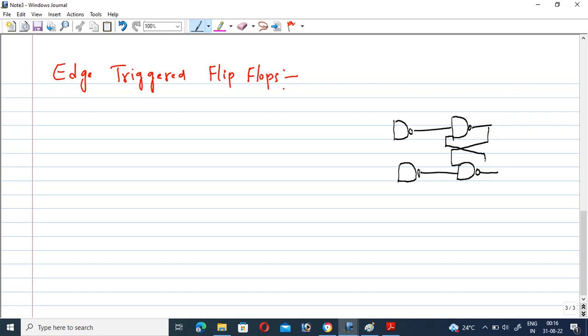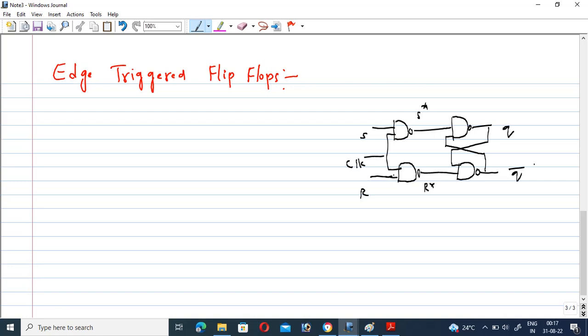It is nothing but a latch. This can be synchronized with the help of a clock signal. We are providing the input signals S and R. This is generally called S bar, and this is called R bar. This output can be treated as Q, and this output as Q bar. So this is the SR flip-flop circuit diagram with the help of NAND gates.